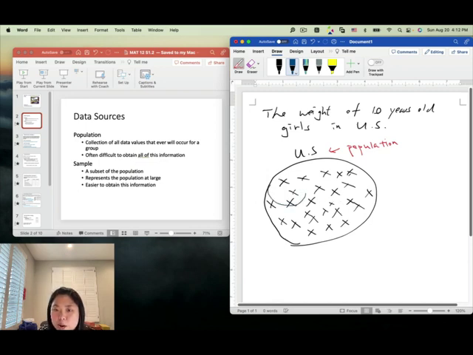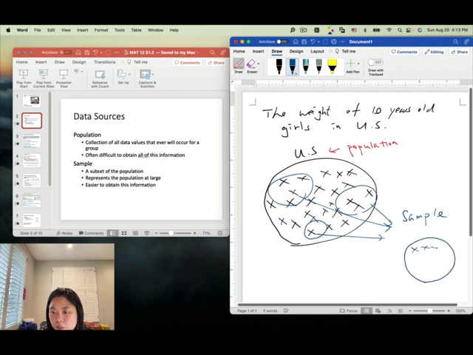Maybe I would just randomly collect this part, or collect this part. All of what we collect here is called the sample. And of course the sample is a lot less than the population. We call this a subset of the population, and this sample will represent the population at large.